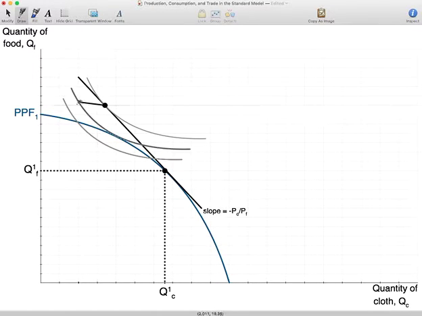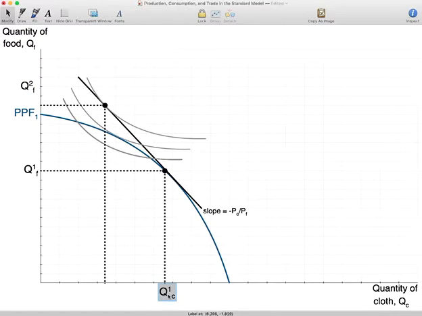So if we go from that point over to the axis for food, and let me change that to a dotted line, and we do the same thing for cloth, this will give us consumption after trade. And I'll indicate that this is the quantity 2 of food.